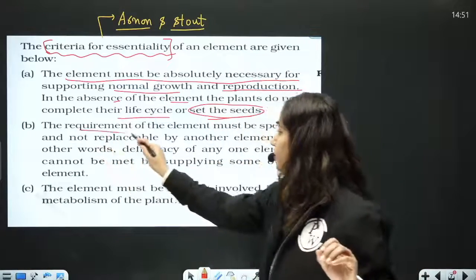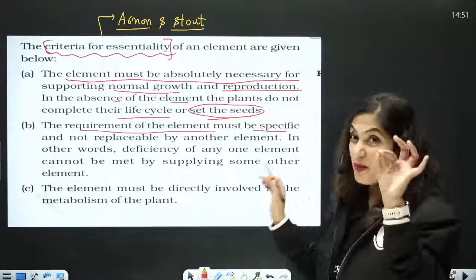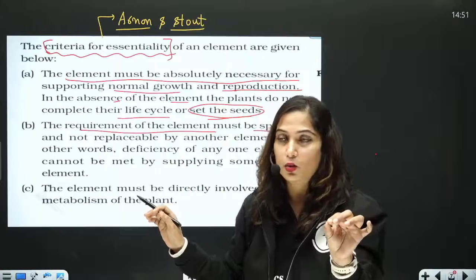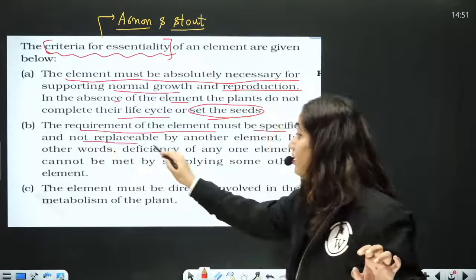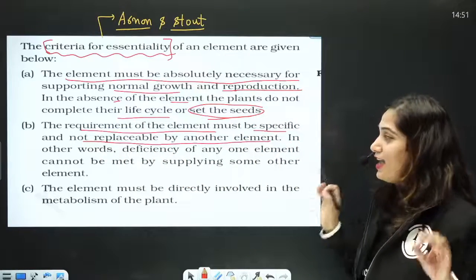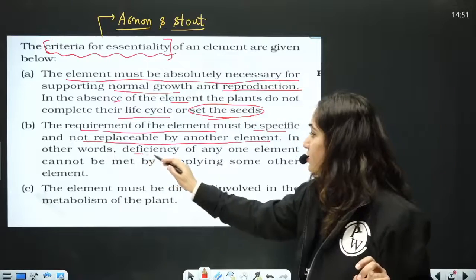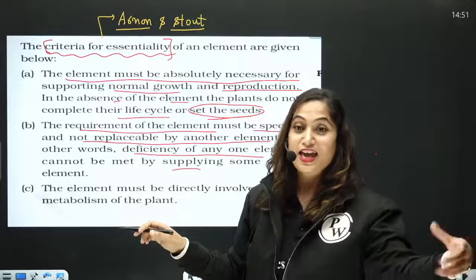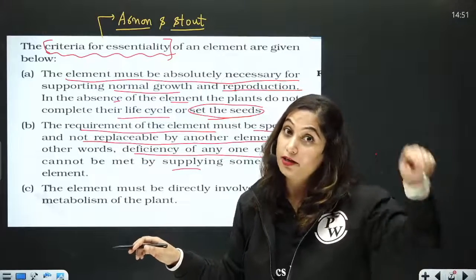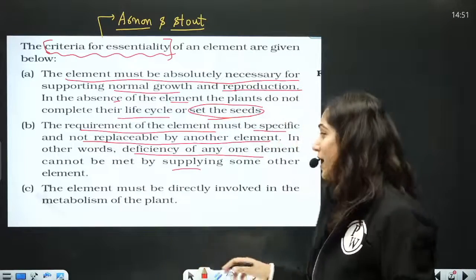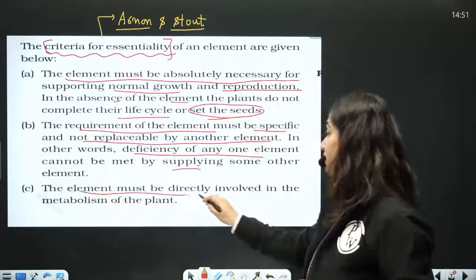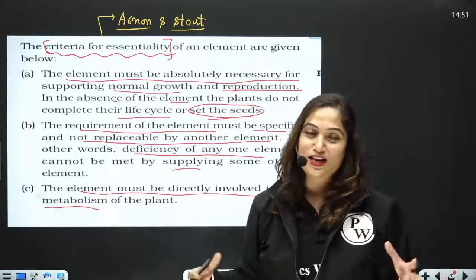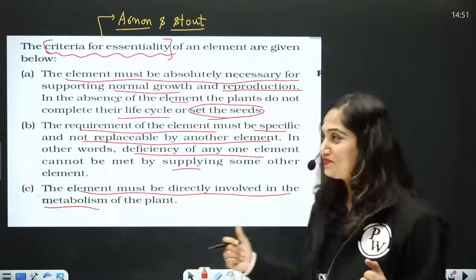The requirement of the element must be specific, that the plant needs this mineral element only, and it should not be replaceable by any other element. And the deficiency of that particular element cannot be met by supplying any other element. No, the plant needs that only. And the element must be directly involved in the metabolism of the plant. So these are the criteria for essentiality.